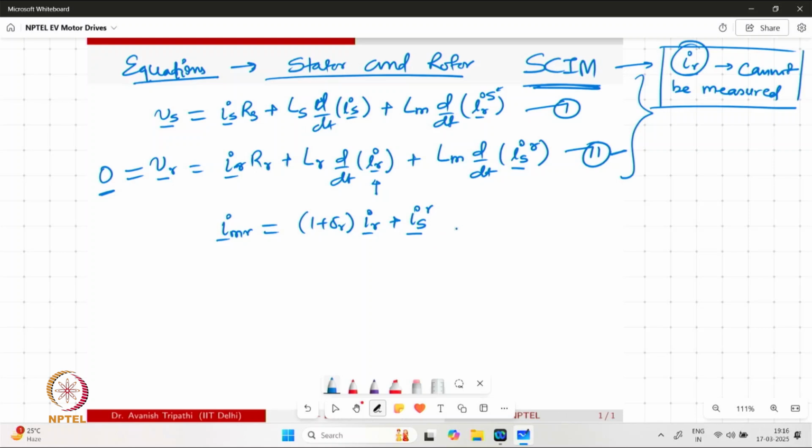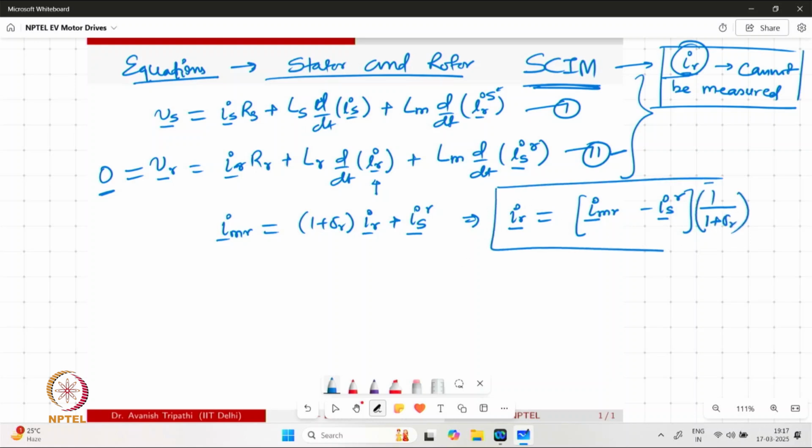Now, because we want to remove IR from this equation, we can write IR as IMR minus IS, and the whole divided by 1 plus sigma R.